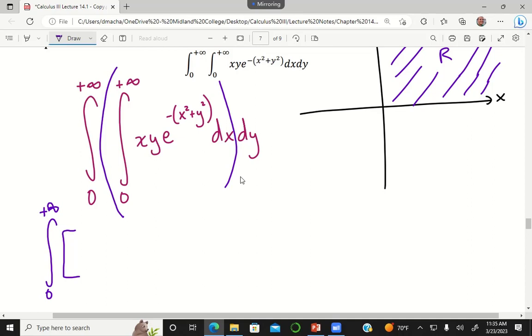And I can do that antiderivative with respect to x if I use a u substitution, where I could say that u is equal to negative x squared minus y squared. So that way du, and again, this is with respect to x, right? So du is going to be negative 2x.